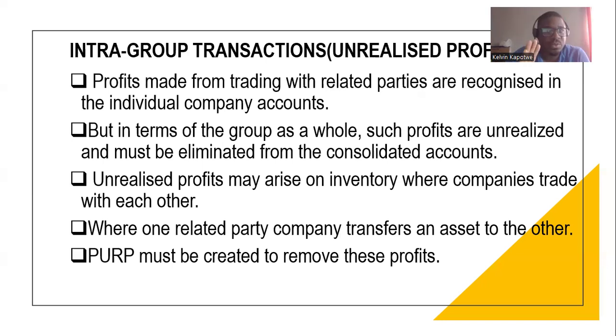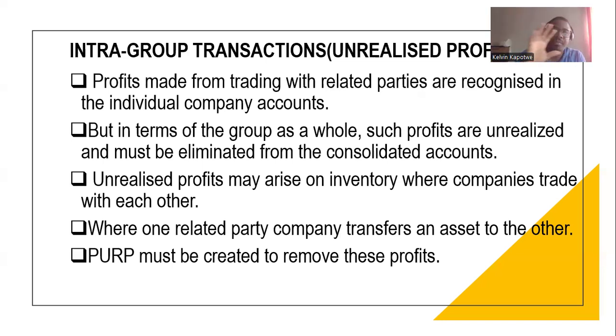I like using this example of a home. In a home, you've got a husband and a wife. Let's take the assumption that the only source of income that you have is your employment. So the husband gets a salary and the wife gets a salary.